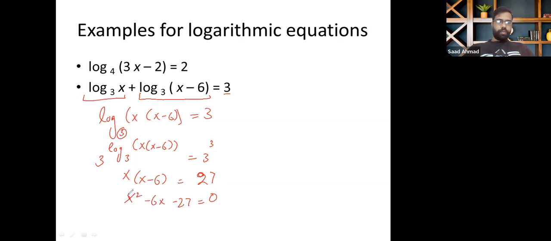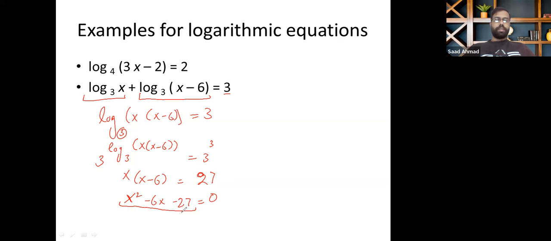Now, would any of you like to tell me the factorization for this one? And if you know the factorization, how? Okay. So what we do here, we want negative 27 when we multiply them, but when we add them, we get negative 6.